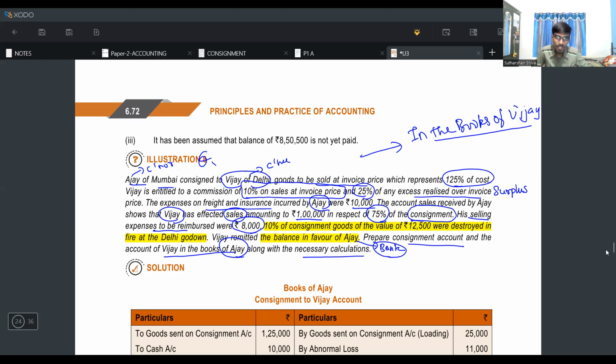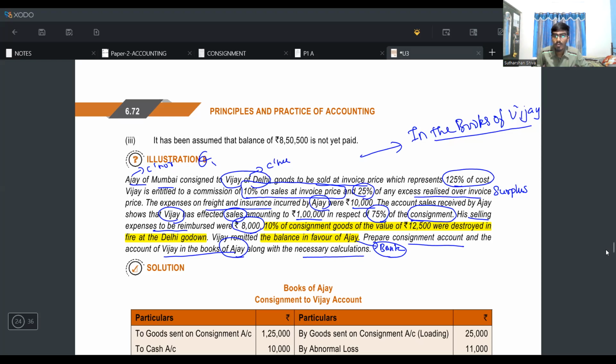You will get 9,375 plus 1,562.5. You can round off, or you can keep it as it is. I will take a round off. So finally you will get 10,938. 10,938 is your commission.